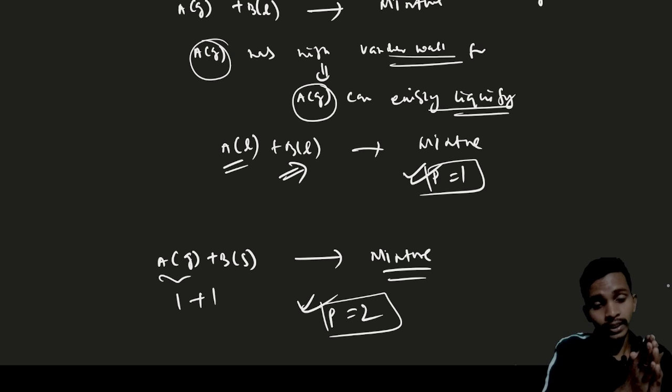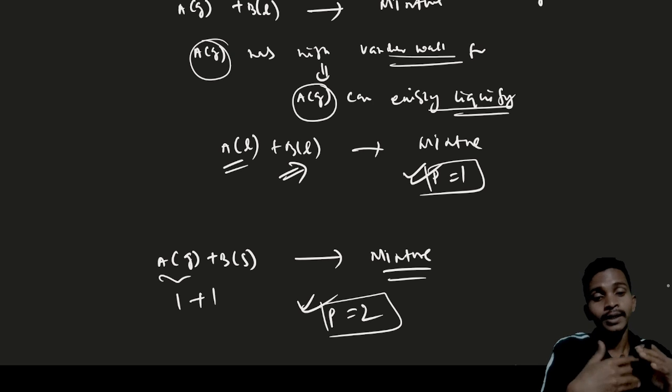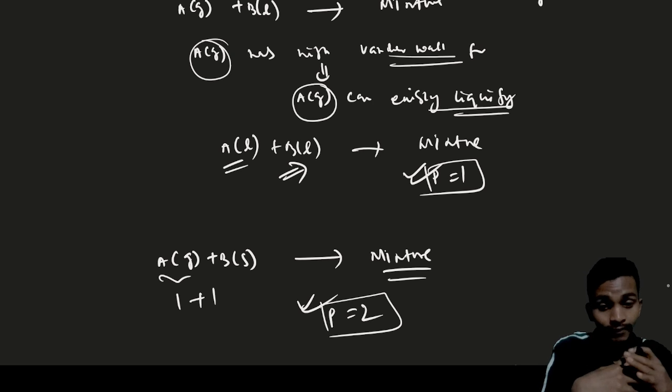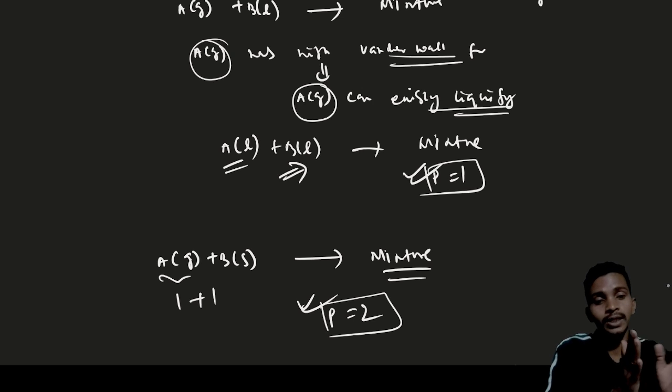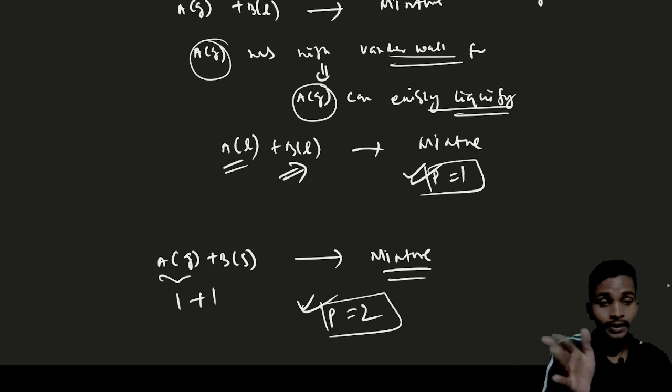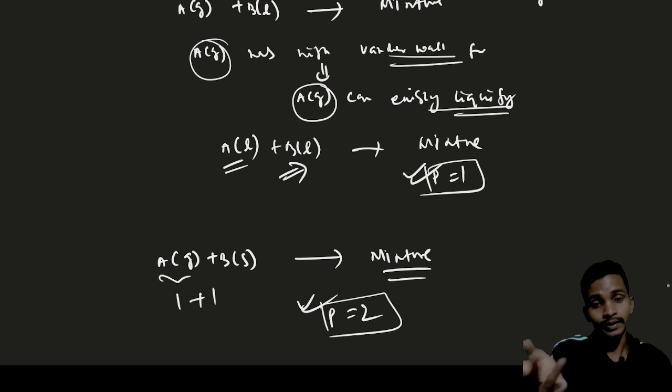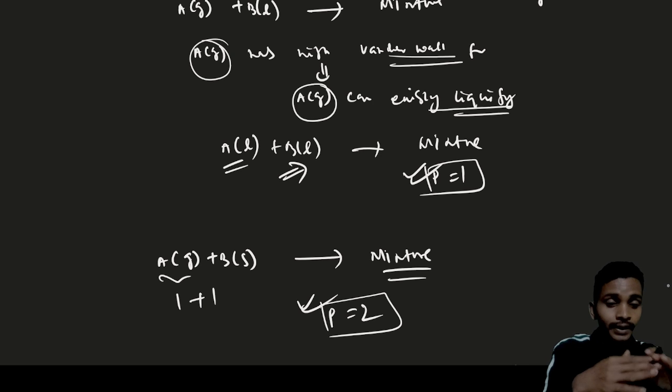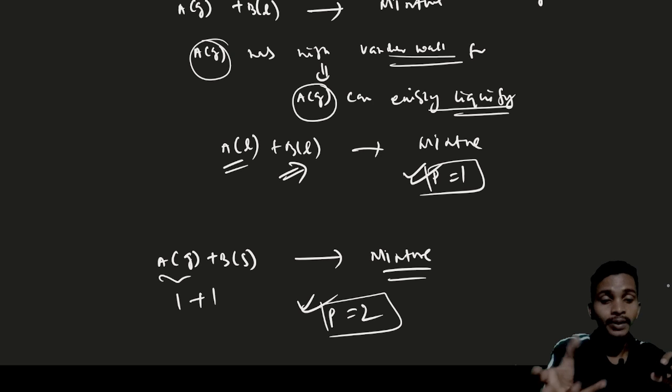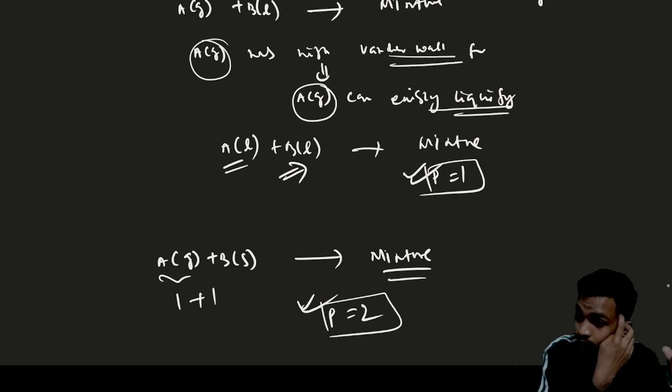If only liquids are given, what is the pH? If only gases are given, what is the pH? If solid plus liquid is added, what will be the pH? And if gas plus solid is given, what is the pH? So we discussed the different possibilities of the mixture.